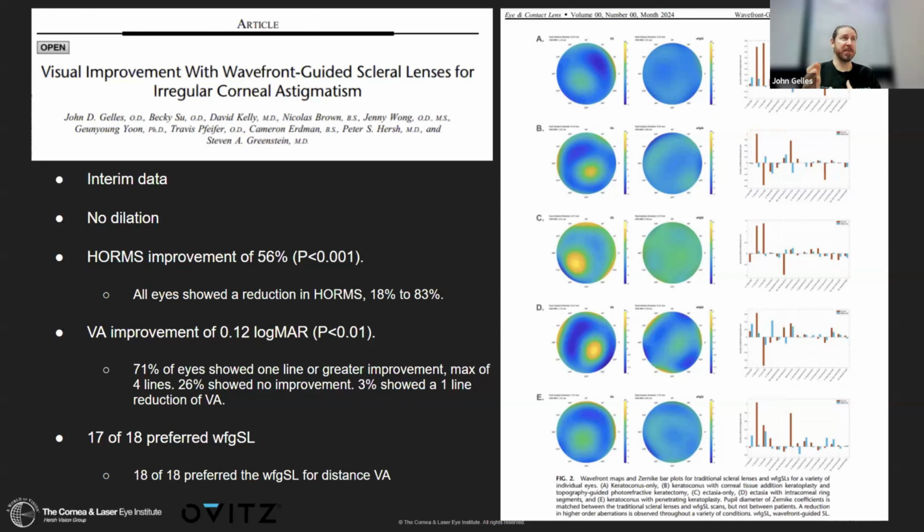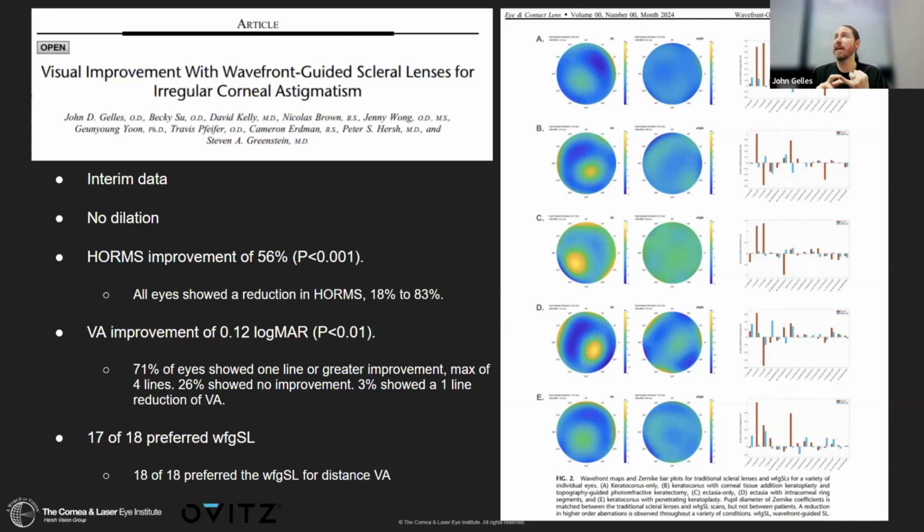The results, though, was that with the wavefront guided lens, we saw again around a 55% reduction in aberrations. But the thing that was very important on this was all eyes showed a reduction in aberration from 18% up to 83%. The other thing that was very important in this study, we didn't eliminate eyes that had some level of opacity, right?